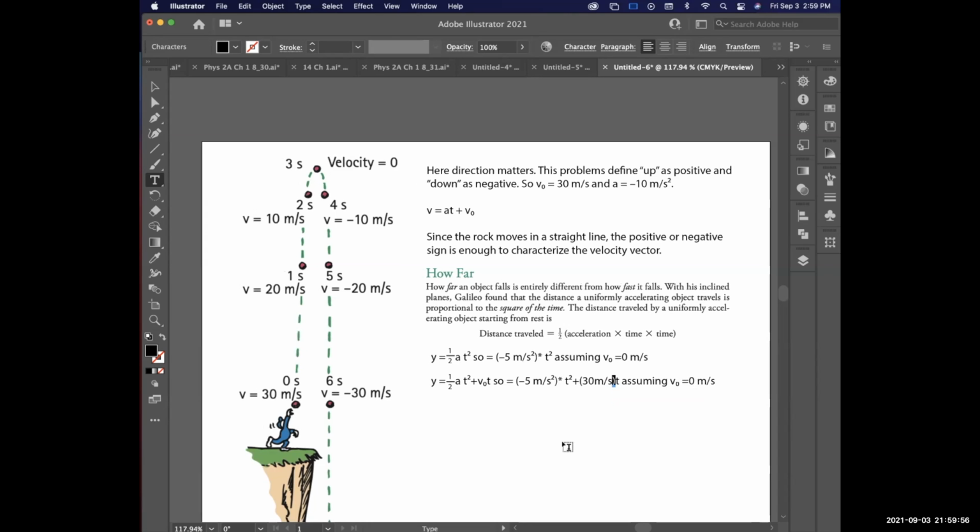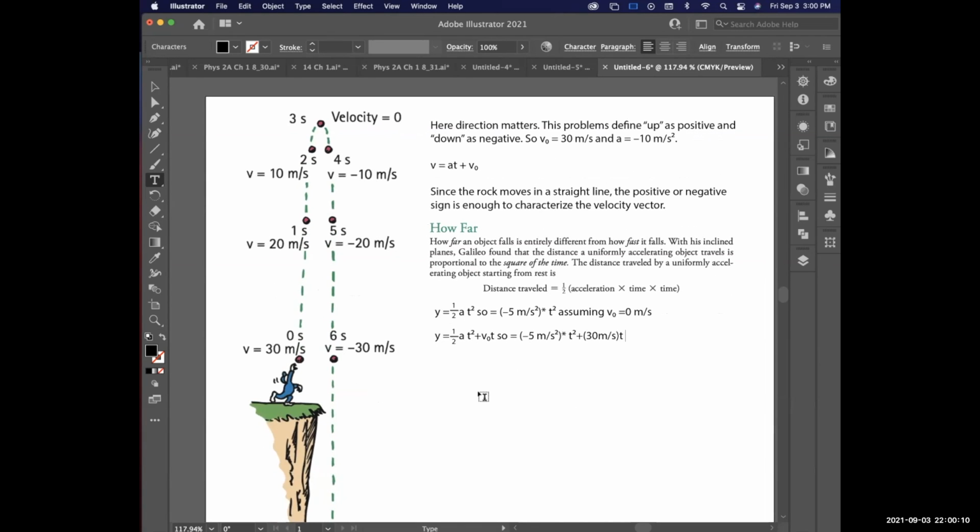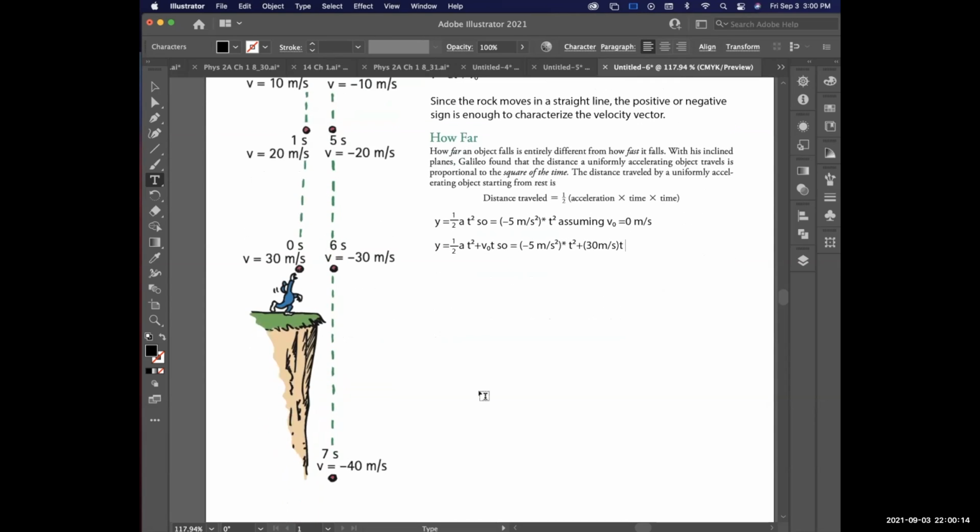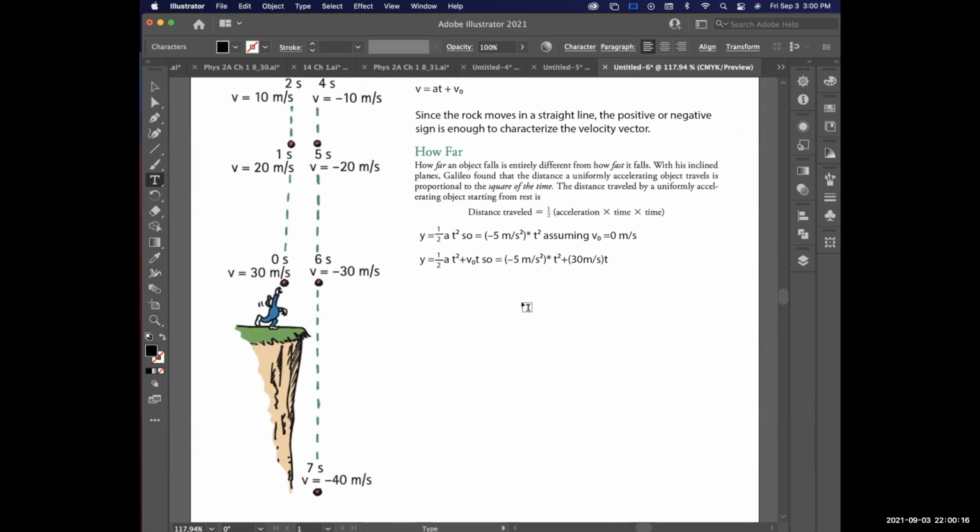Okay. All right. So then this is the general formula here for how far it's fallen. How far it's fallen. All right.